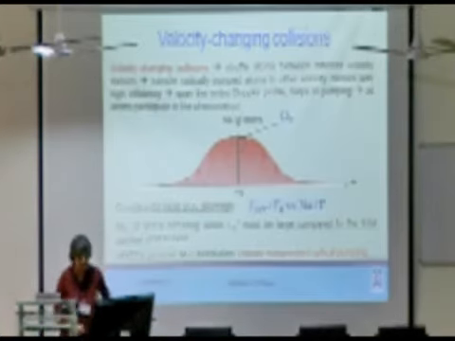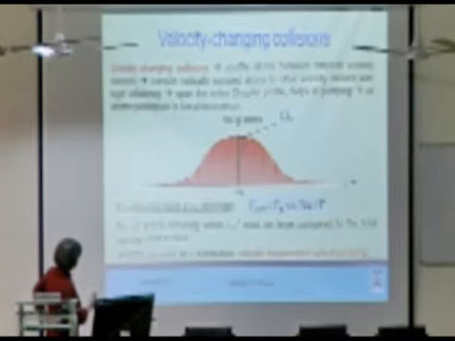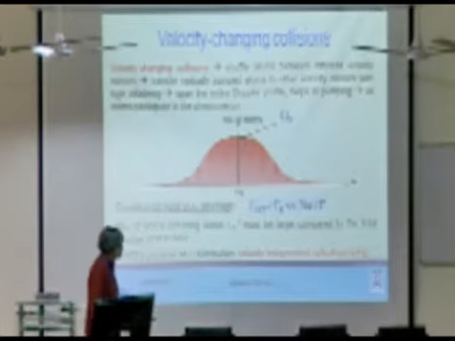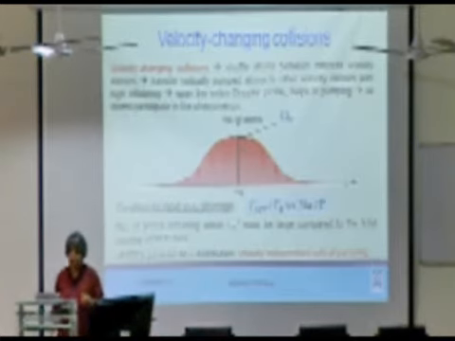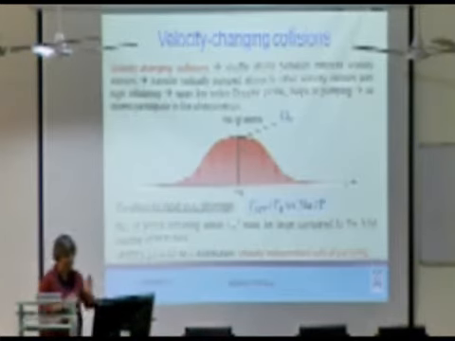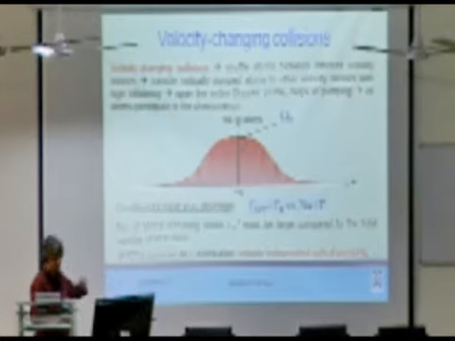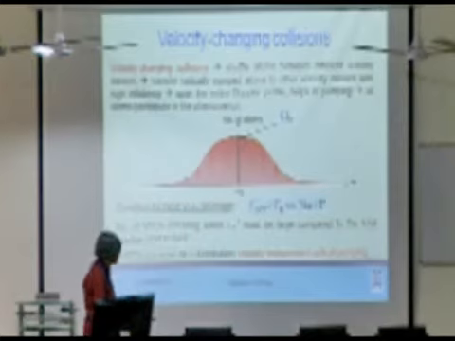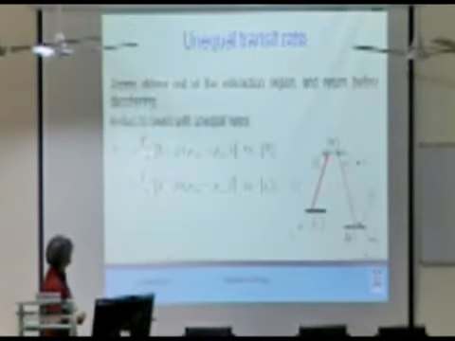But if I have velocity changing collisions, and they're very, very rapid, then it's possible that we almost preserve the Maxwell-Boltzmann distribution and the optical pumping becomes almost velocity independent, as if it's seeing the full profile. And this is possible only because you have very rapid velocity changing collisions, which was happening in our system.